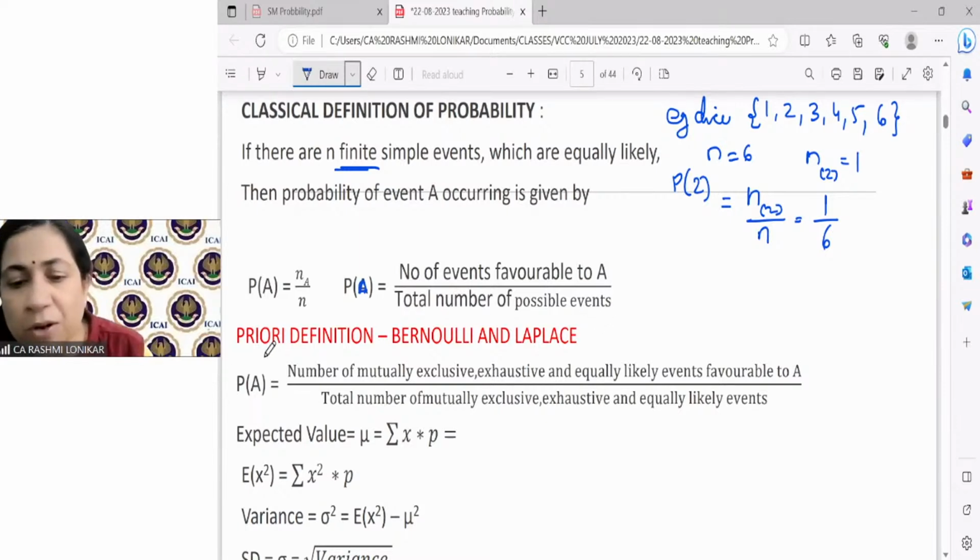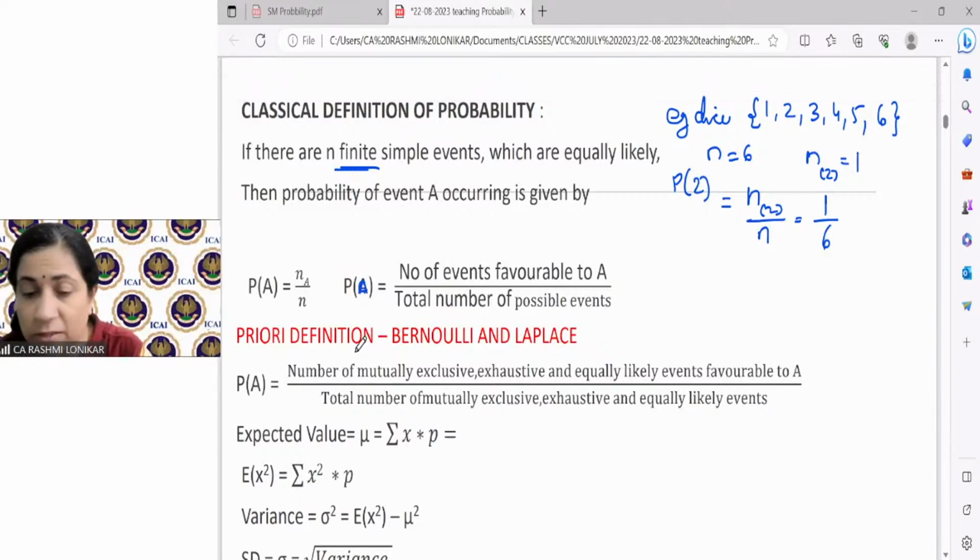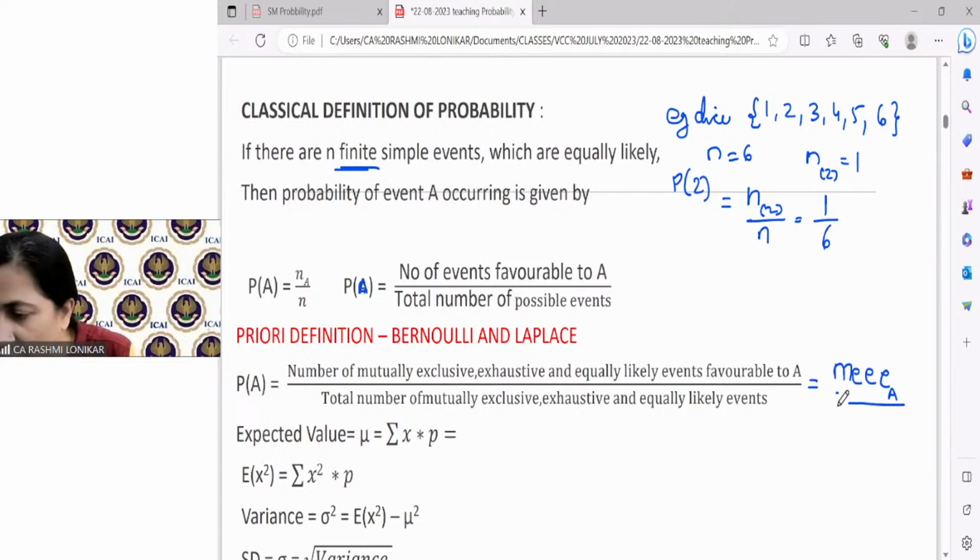Now the a priori definition, which is given by Bernoulli and Laplace, says that number of mutually exclusive, exhaustive, and equally likely events favorable to A, upon total number of mutually exclusive, exhaustive, equally likely events.